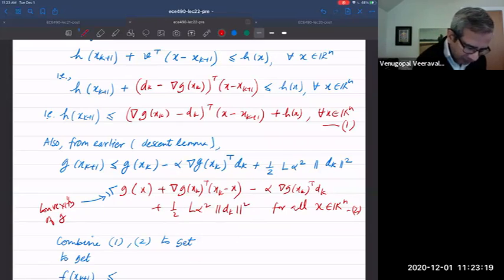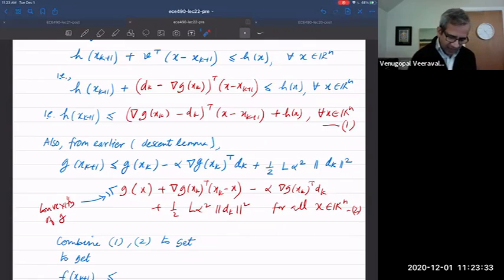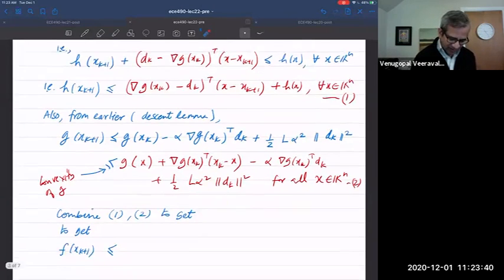Okay, so now I have these two equations, equation 1, equation 2. I'll add these two equations. On the left-hand side, I'll get the sum of these two, but that's nothing but my function f, right? And then on the right-hand side, I have h of x plus g of x. That's also my function f evaluated at x.